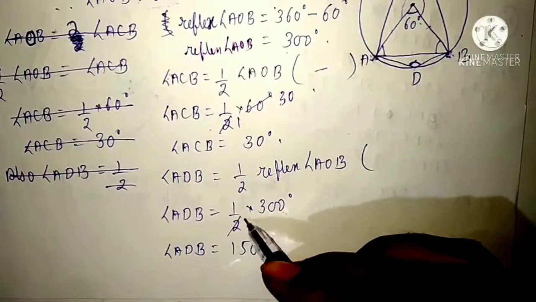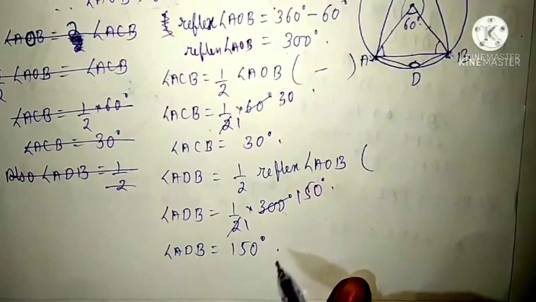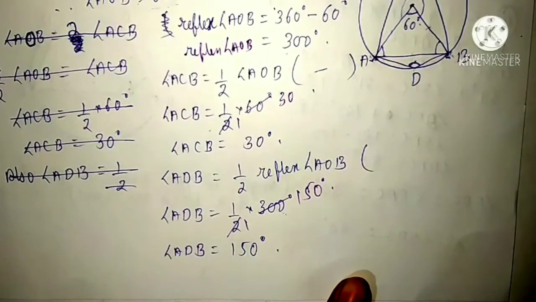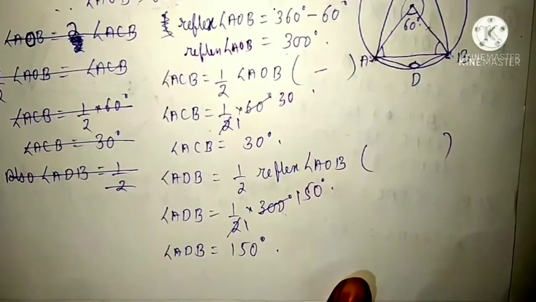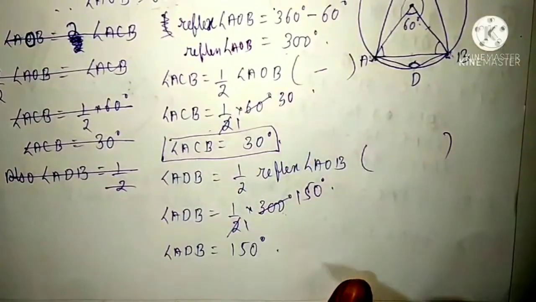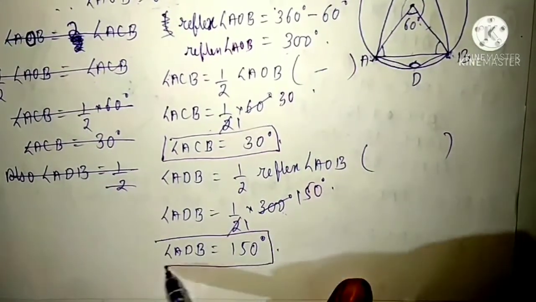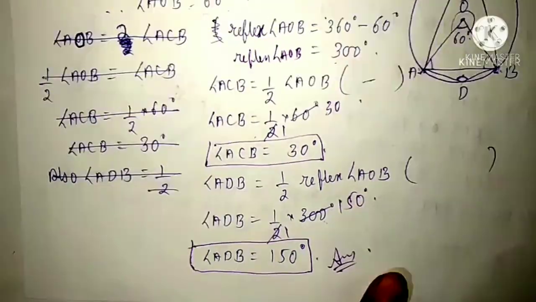Half of 300 is 150. So angle ADB is equal to 150 degrees. Here also in the reason you will write the same theorem. Now we got both the angles. This was our answer and this was our answer. So we got both the answers.